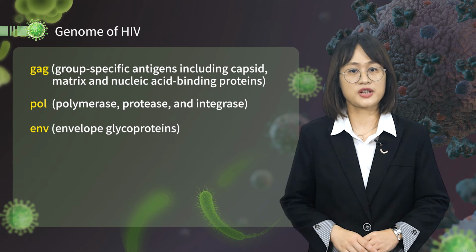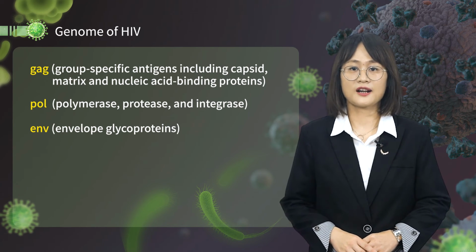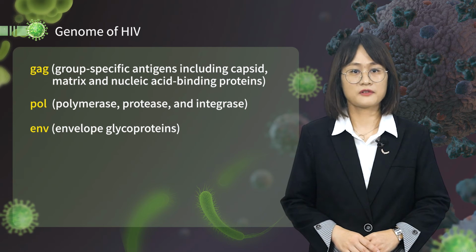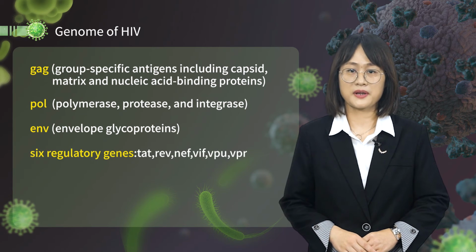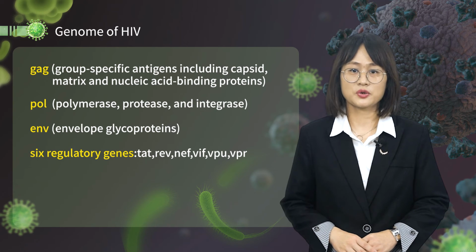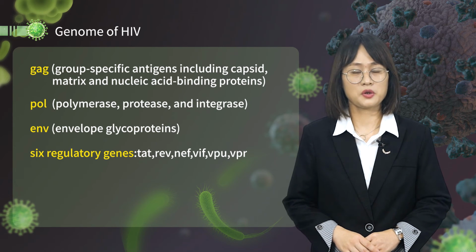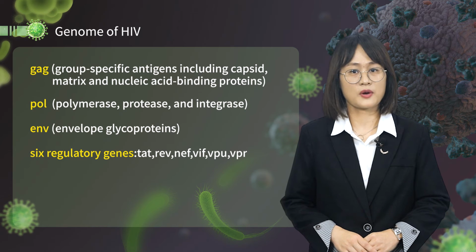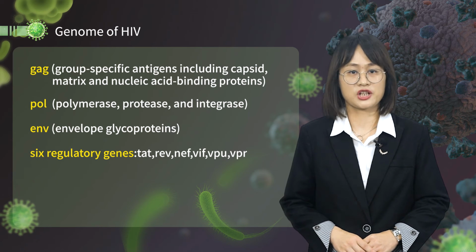3 regulatory genes, TAT, REV, and NEF, encode regulatory proteins that are involved in controlling expression. 2, VIF and VPU, encode proteins required for virion maturation.